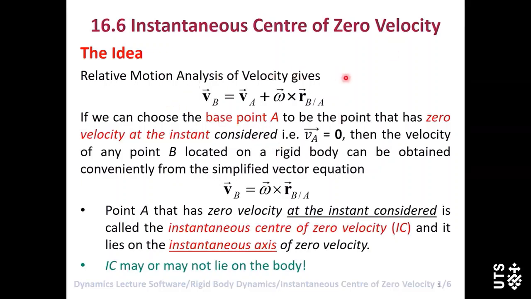In this equation here, there are 2 points, A and B. Normally, we call point A at the right hand of this equation, we call this point as base point.